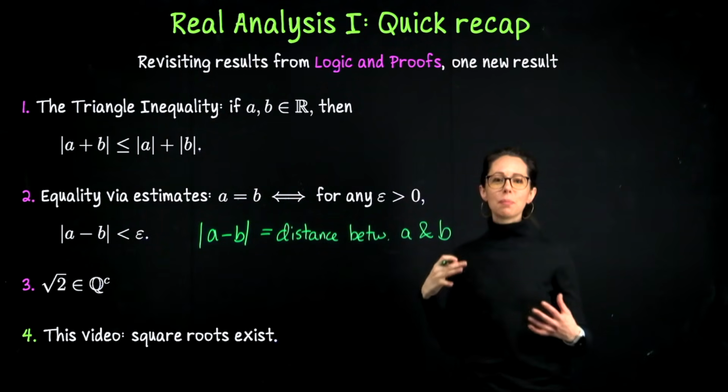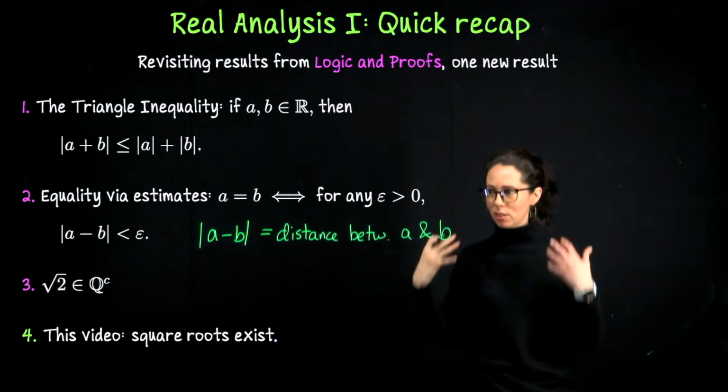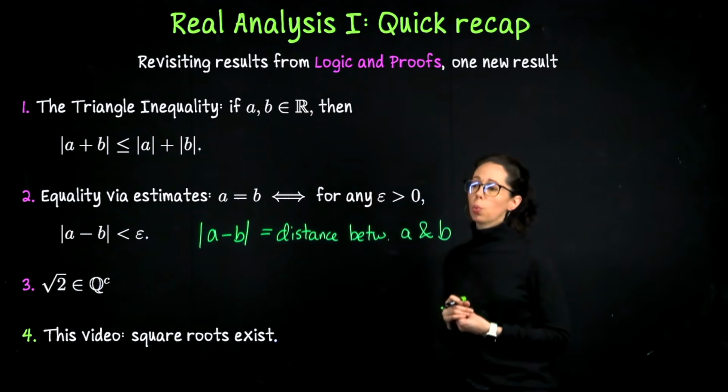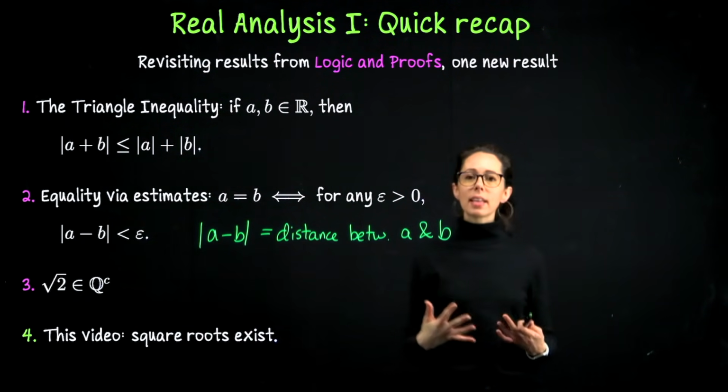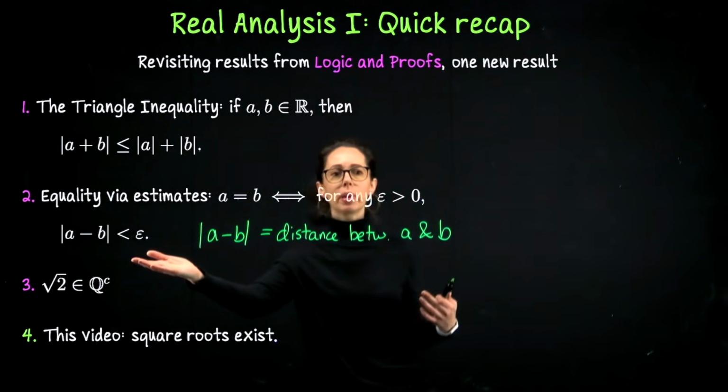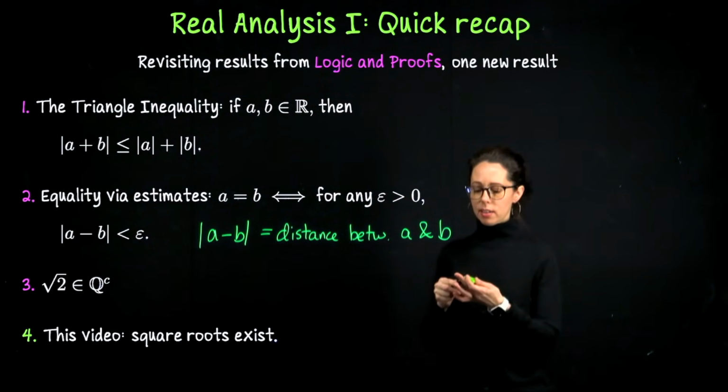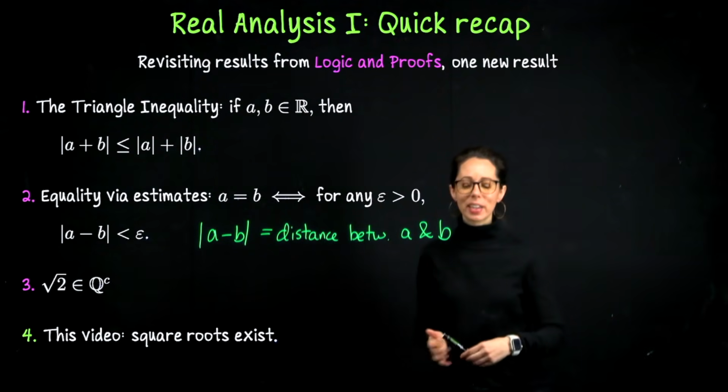So to show that a and b must be the same notion, the same measurement, what we will show is that the distance between them is less than any positive number that we could put. So that's often how we get to equality in real analysis.